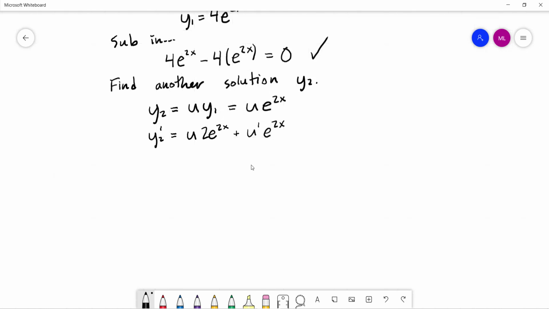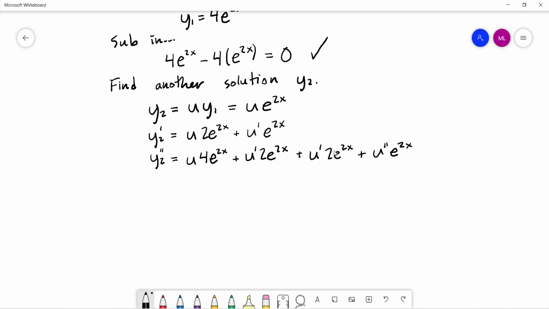Then do the same thing to get the second derivative. We'll do some more product rules, so I'll do first times the derivative of the second plus the second times the derivative of the first, which will be, again, a u prime times 2e to the 2x. And that's just this part. Now we need to do product rule on this part. So I'll get first times the derivative of the second plus the second times the derivative of the first.